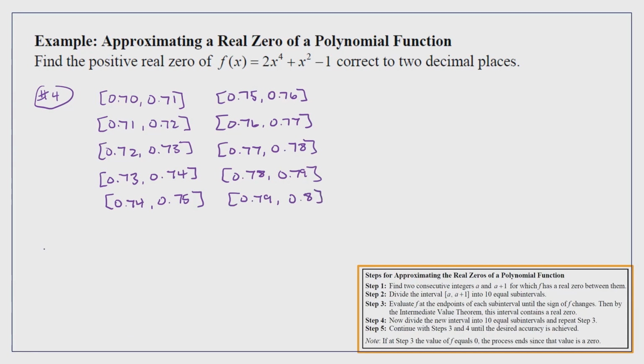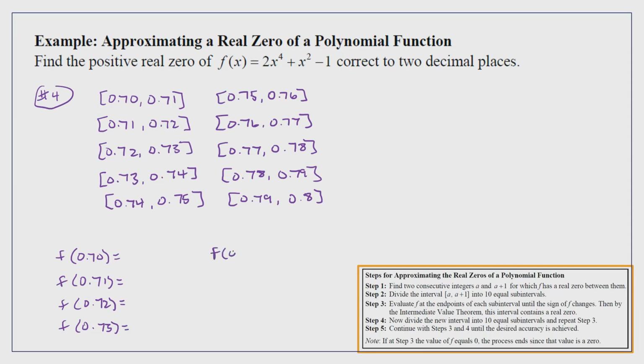So in repeating step number 3, we're now going to find the endpoints of each of the subintervals. Okay? So we'll find f of 0.70, f of 0.71, f of 0.72, and we would continue on until we got to the end.